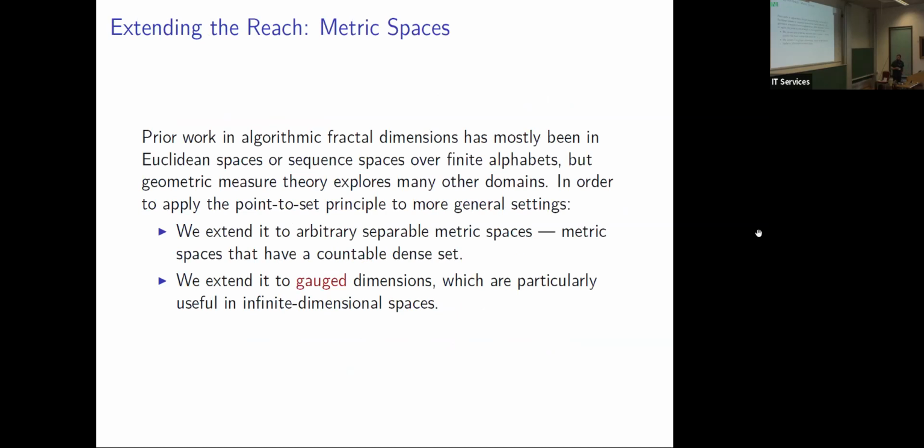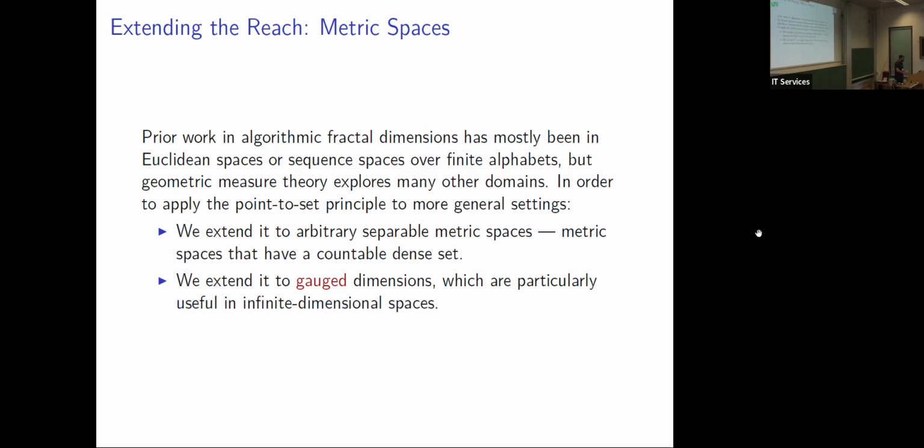Okay, but this talk is about extending this beyond just Euclidean spaces. The first way I'm going to talk about is extending the reach to arbitrary separable metric spaces. There's been quite a bit of work on this in Euclidean spaces or sequence spaces over finite alphabets, but we'd like to do geometric measure theory in other domains.